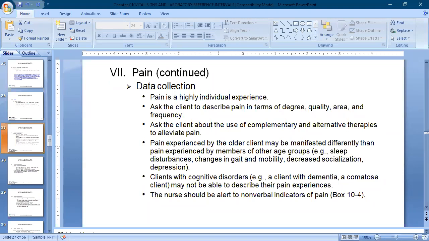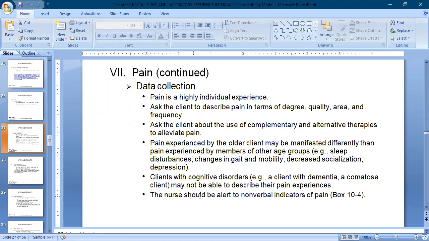Pain experienced by an older client may be manifested differently than pain experienced by members of other age groups. Clients with cognitive disorders, like a client with dementia or a comatose client, may not be able to describe their pain experience, because with dementia or coma they do not talk.